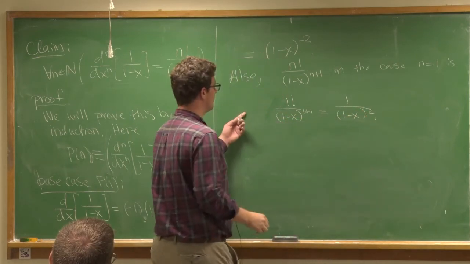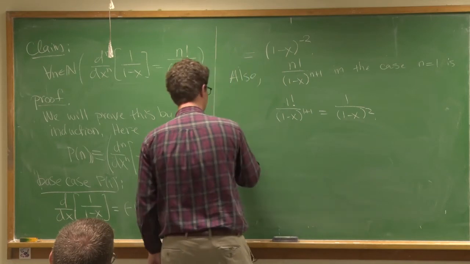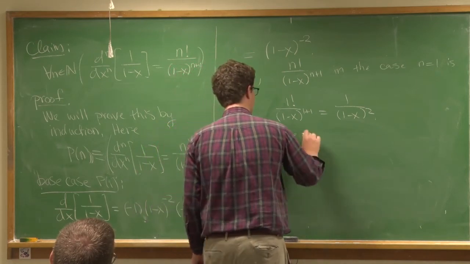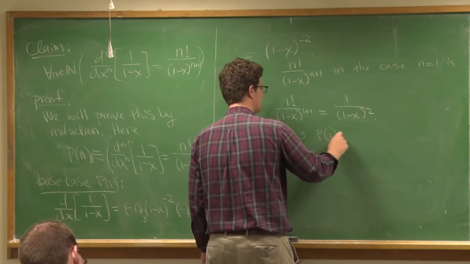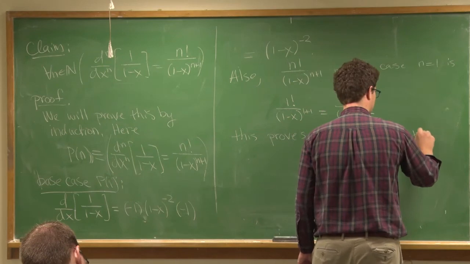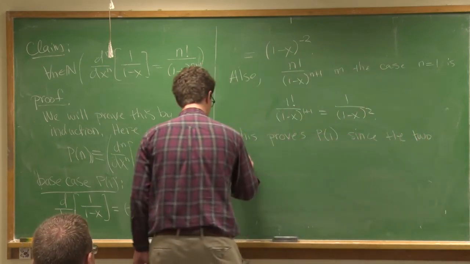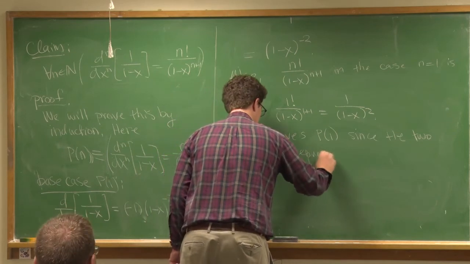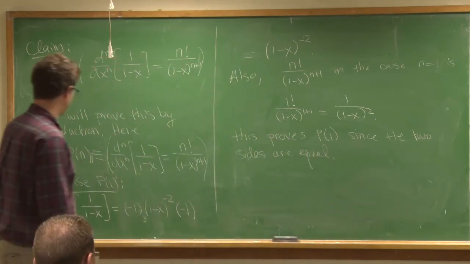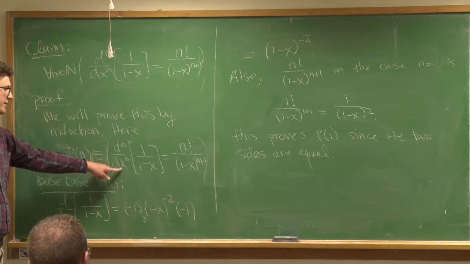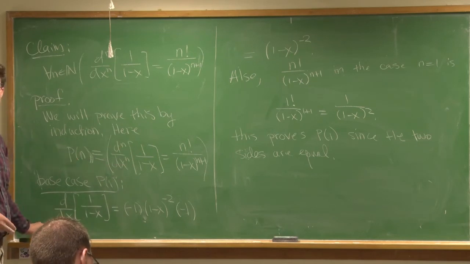So this proves P of 1 since they're equal. OK? So does that make sense how I proved P of 1 here? I just checked the formula. I checked this, and I checked that, and I showed that they were equal.